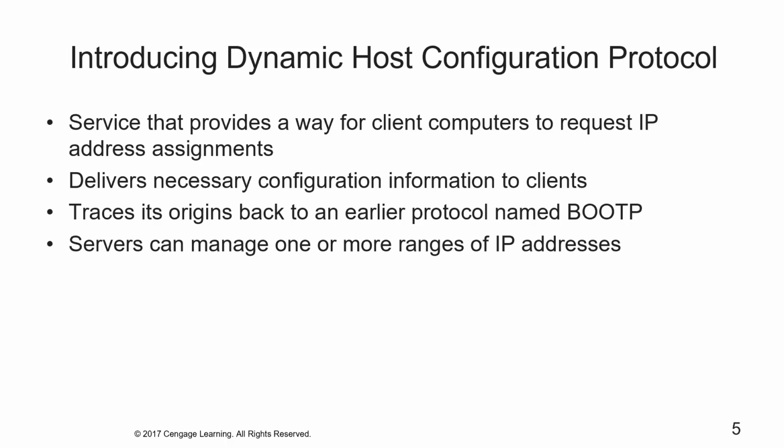And DHCP servers can also manage more than one range of IP addresses, and each of these ranges is called an address pool if it's considered as a range of available addresses from which unused addresses can be allocated to clients, or an address scope if it's considered as a range of numeric IP addresses that fall under DHCP's control. And again, remember, the RFCs that are important for DHCP's definition and operations are 1534, 2131, 2132, and 2241.